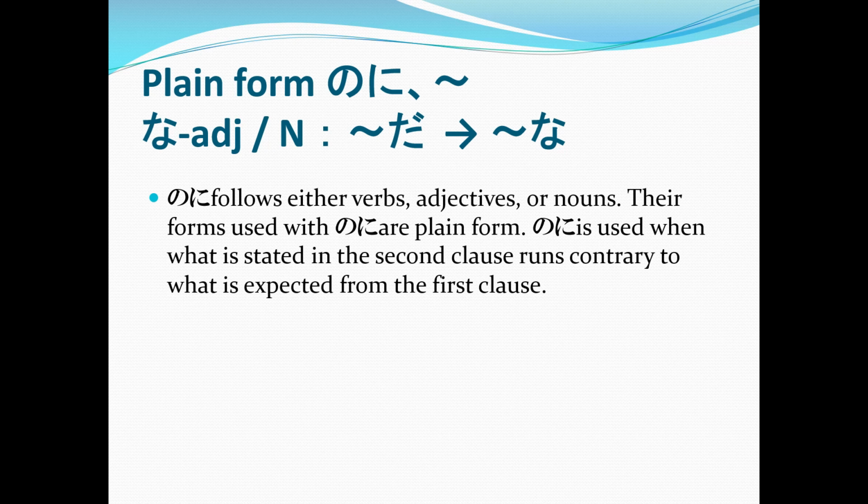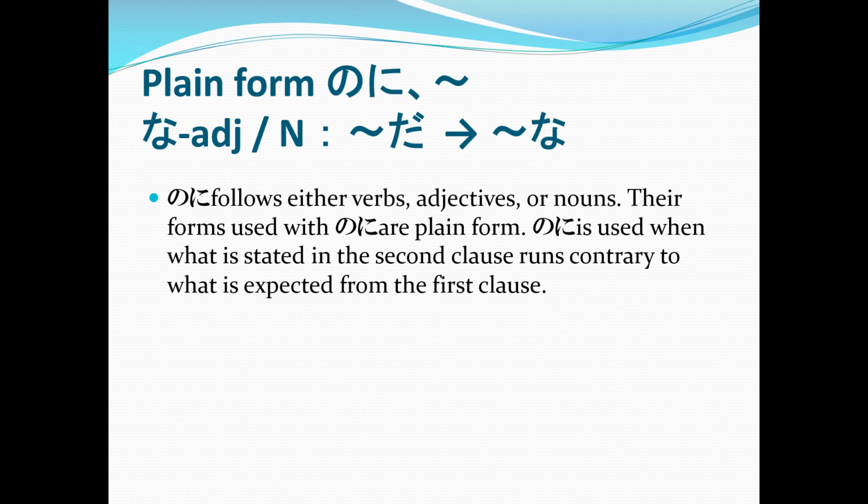Noni is used when what is stated in the second clause runs contrary to what is expected from the first clause. Noni in most cases conveys a feeling of surprise or dissatisfaction. Again, noni conveys a feeling of surprise or dissatisfaction.